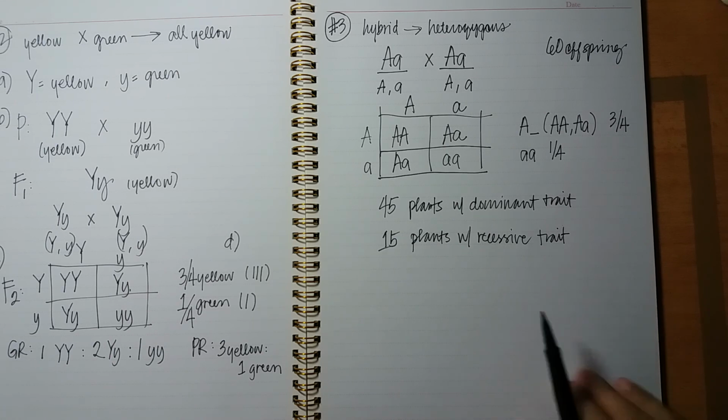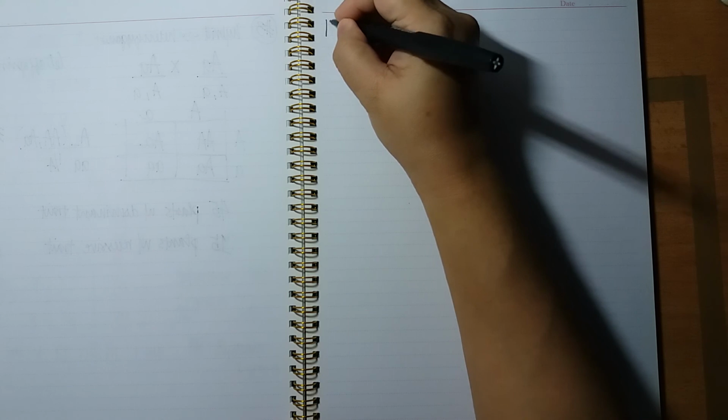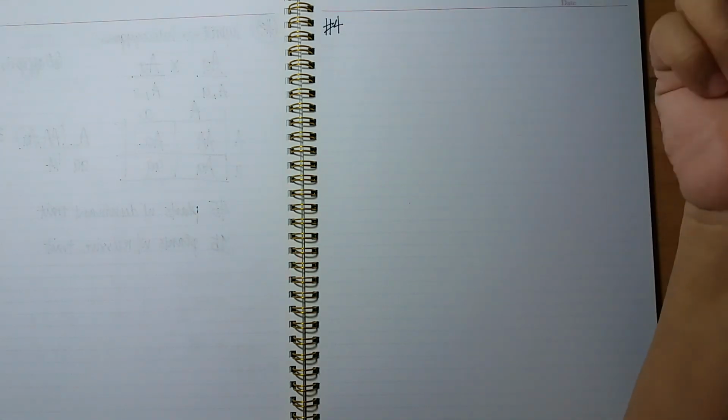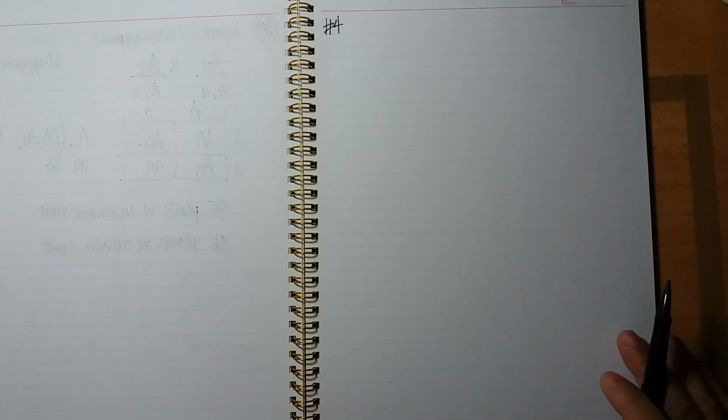Okay? Number 4, the last of the monohybrid cross na questions. Oh, meron siyang bleed through. Hindi ko na yung gagamitin. Okay. Number 4. I'm using medyo makapal para kita. Kita ba? Silipin ko. Masyadong maliit eh.